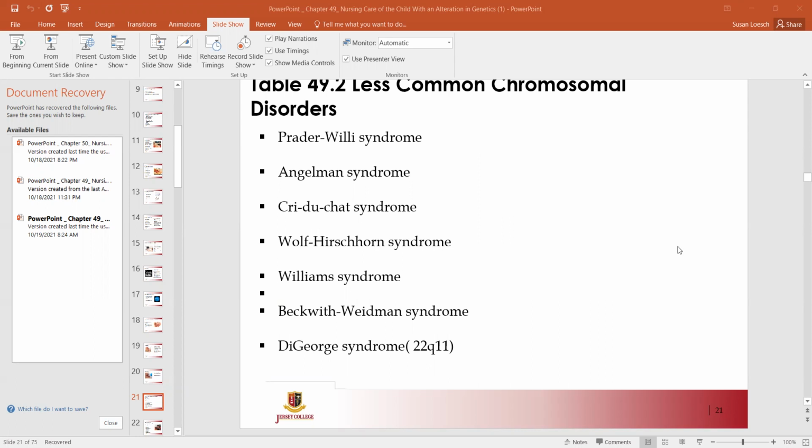The Cri-du-chat syndrome. This affects about 1 in 20,000 to 50,000 babies. You'll see hypotonia, short stature, a slow growth, low birth weight, failure to thrive, and they'll have this characteristic weak cat-like cry during the infancy.